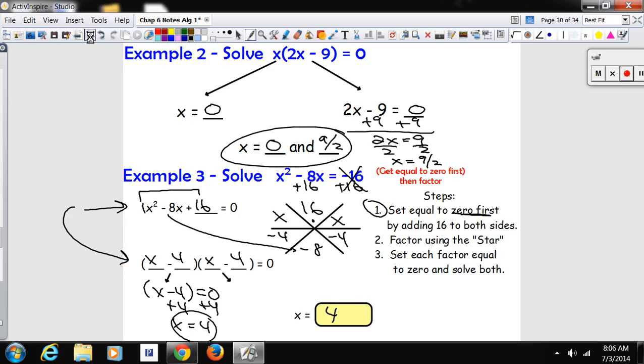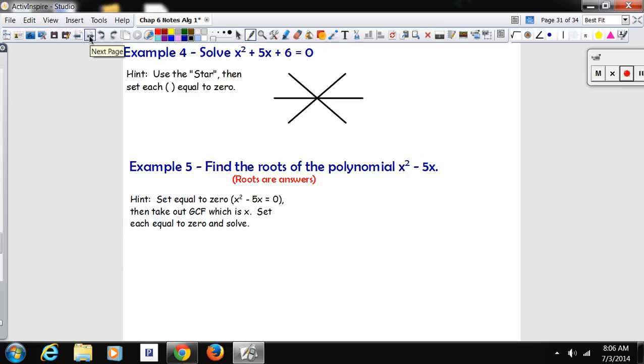Example 4. Use the star, then set each equal to 0. So let's do a star first. We're going to put a 6 on top, because 1 times 6 would be 6. 5 on the bottom. Our x goes on the top, and 3 times 2 is 6, and 3 plus 2 is 5. So x plus 3 and x plus 2.